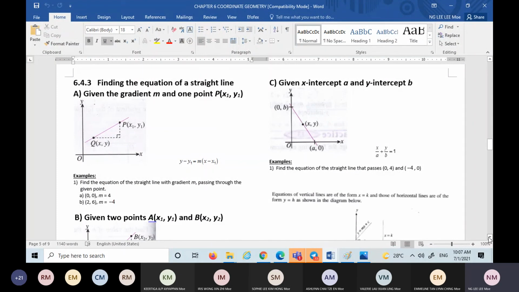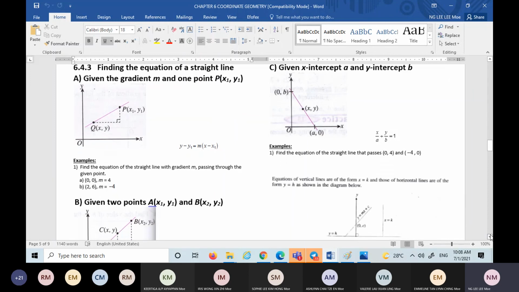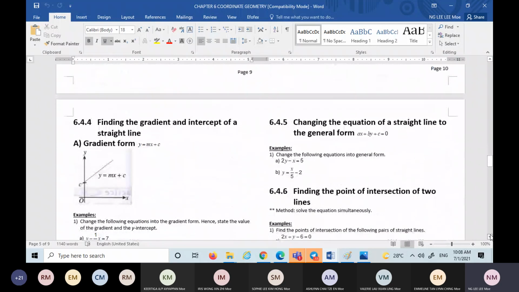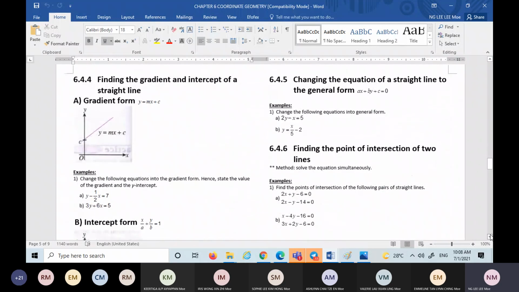Also you can find the equation of the straight line, but this is not in the y equals mx plus c form. This is in the intercept form. Next, finding the gradient and intercept of a straight line.